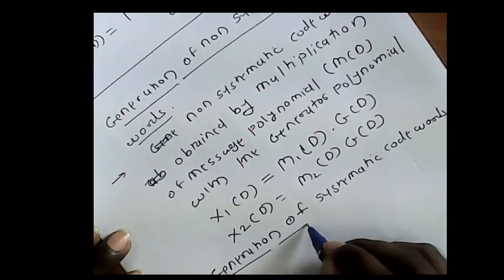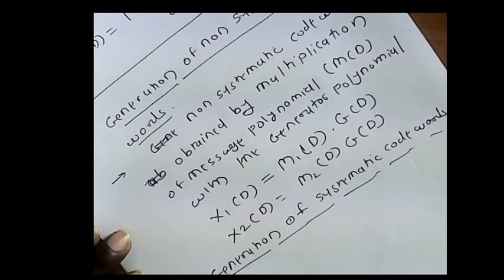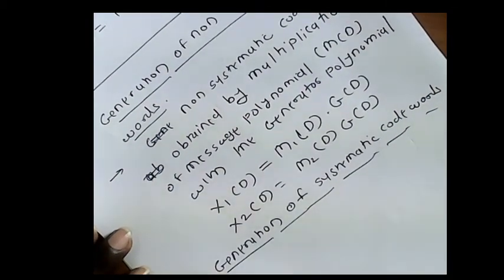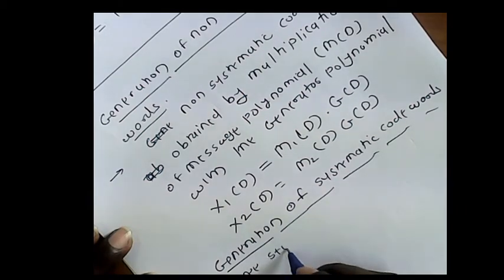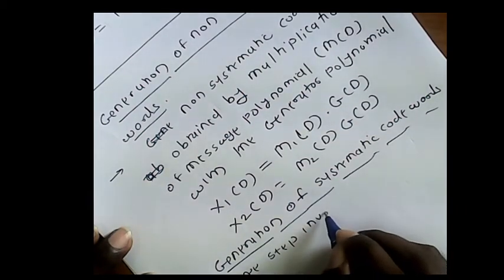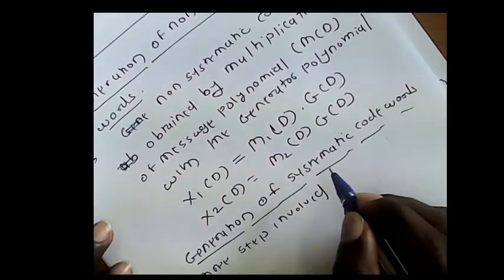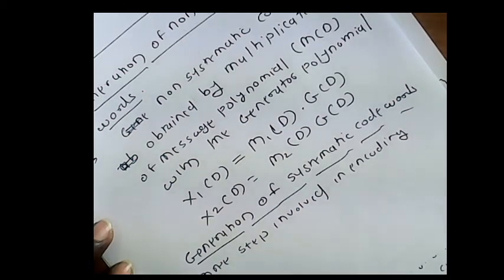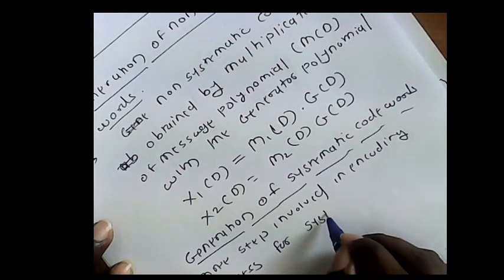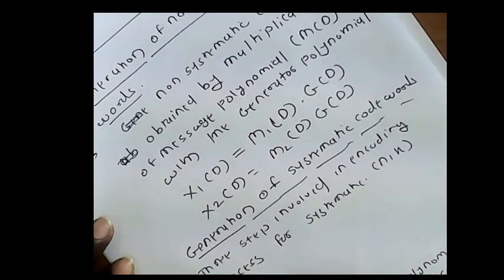There are three steps involved in the encoding process to obtain a systematic n comma k cyclic code from the given message polynomial and generator polynomial.